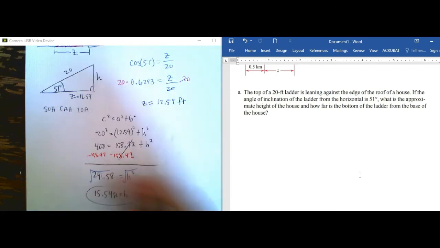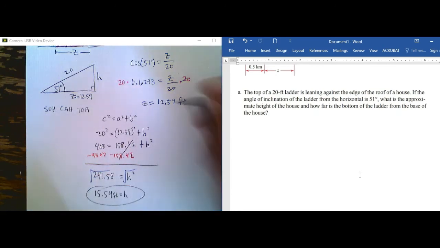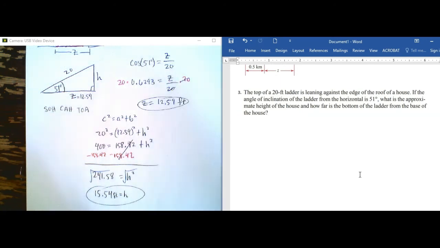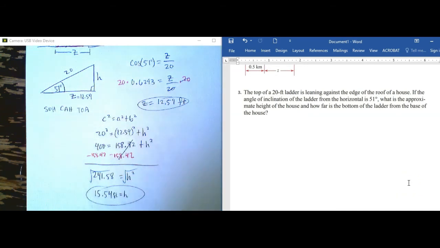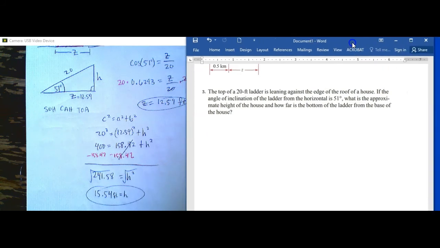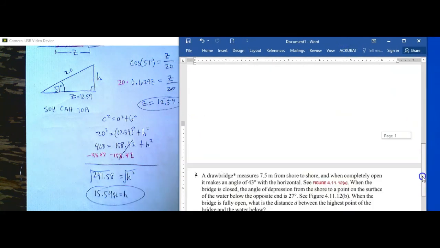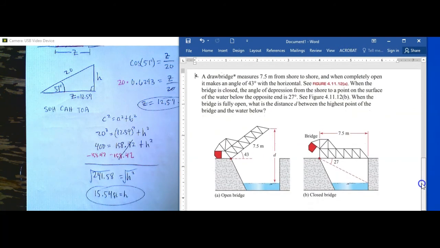So we have the height of the house is 15.54, and the ladder is 12.59 feet away. All right, our last example is here.